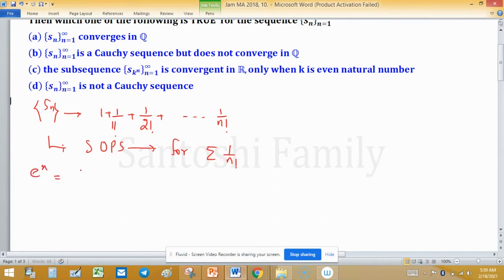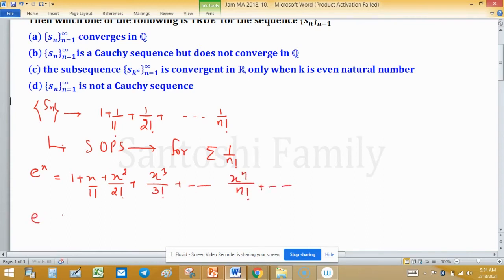As we know, e raised to the power x is 1 plus x plus x square upon 2 factorial plus x cube upon 3 factorial and so on, up to x raised to the power n upon n factorial and so on.